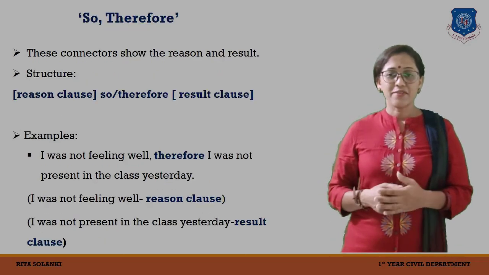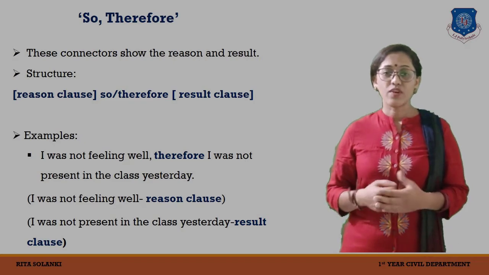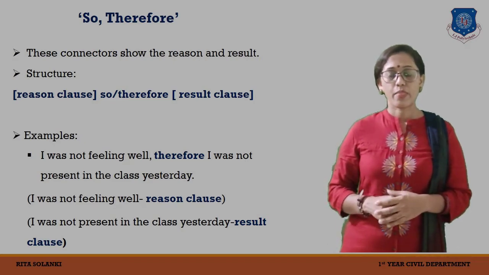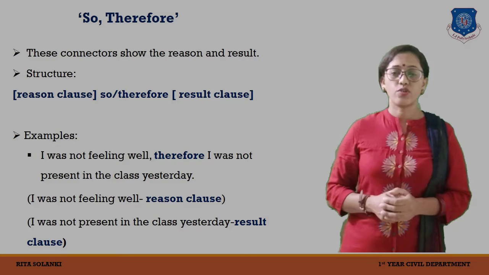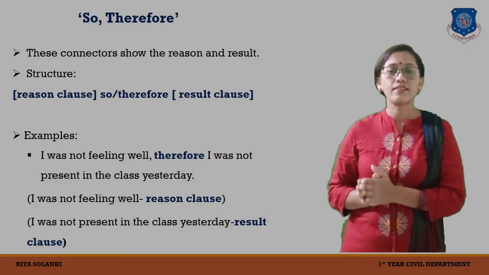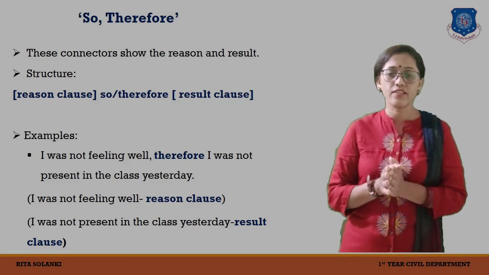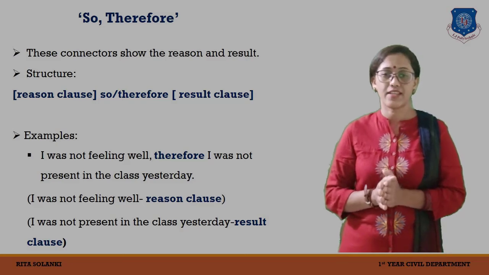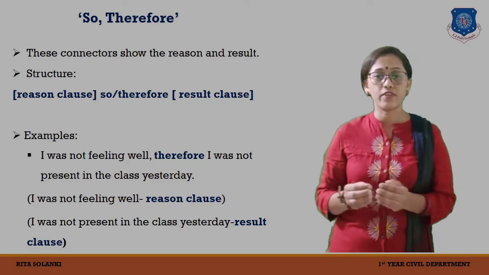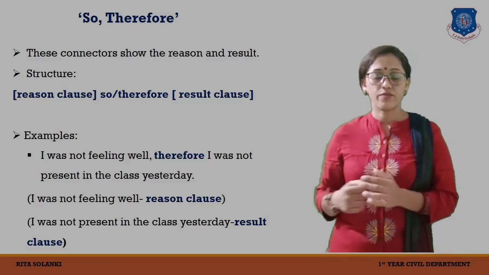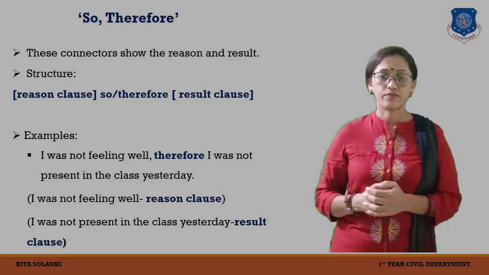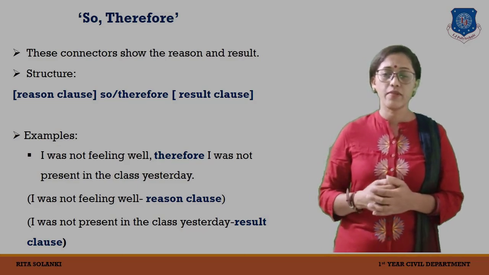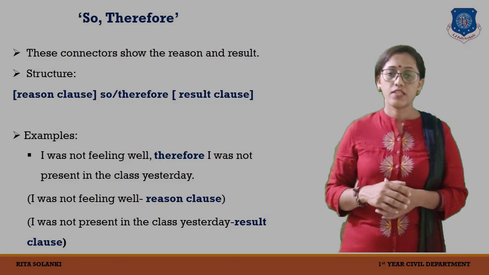The next set of connectors is so and therefore. So and therefore show reason and result. These two things are shown in a sentence with the help of our so and therefore. Yes, here we have to keep in mind the structure of the sentence.